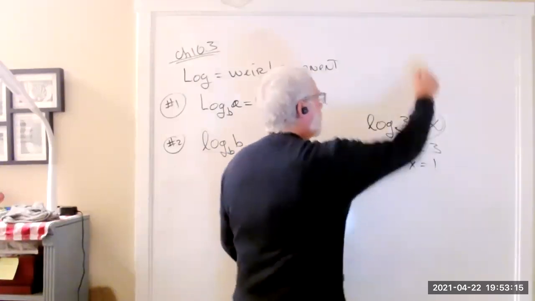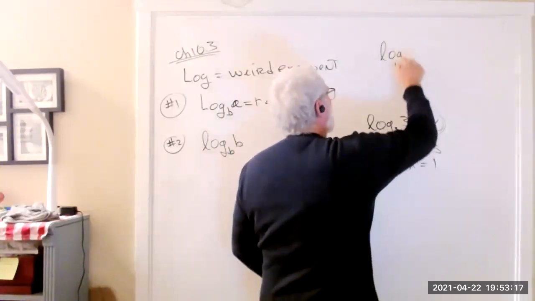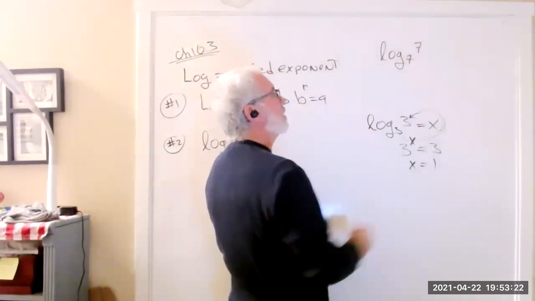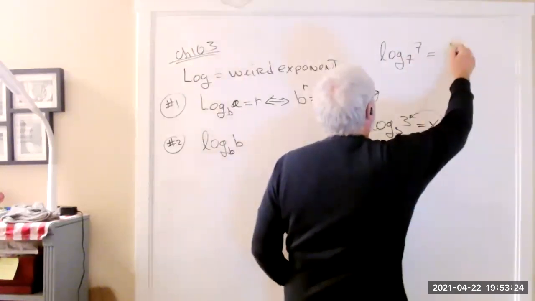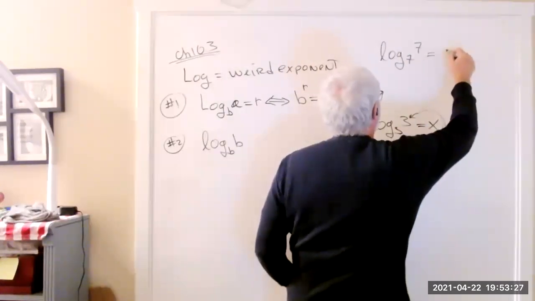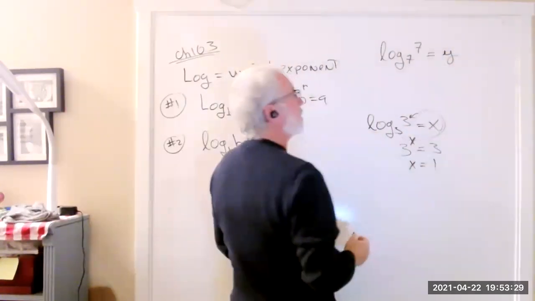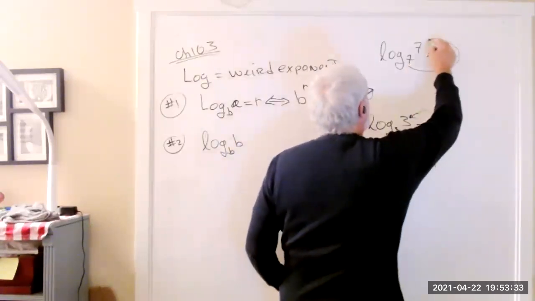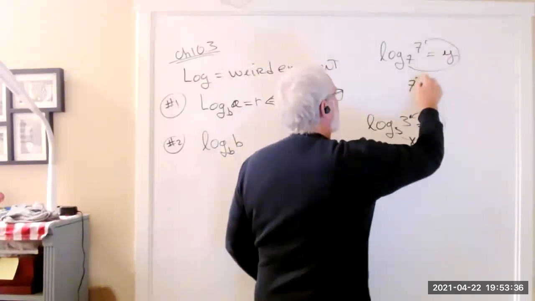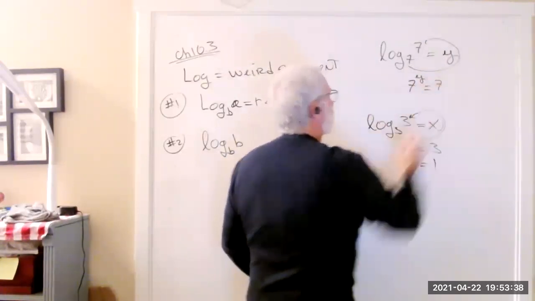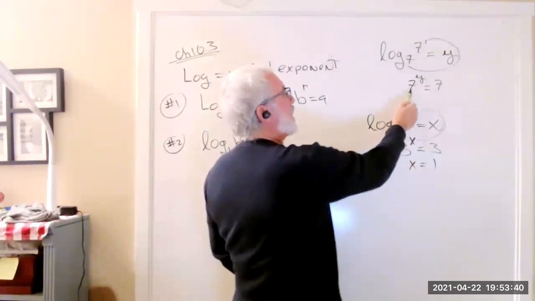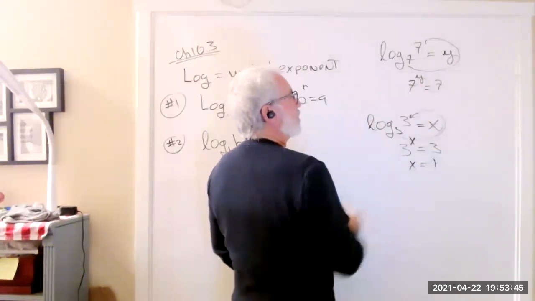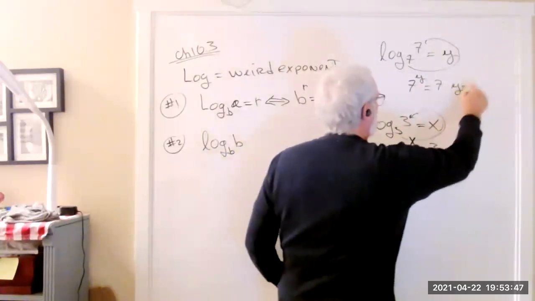Huh. Okay. What if I wrote log base 7 of 7, and I said it equals y. Now convert it. 7 to the y equals 7. What's the only thing y can be to make that problem true? 1, I guess. Y has to be 1.